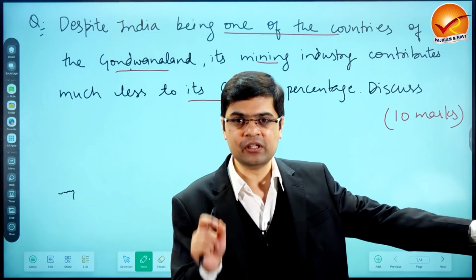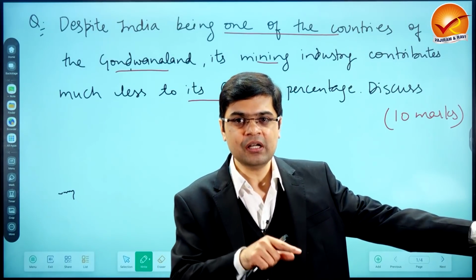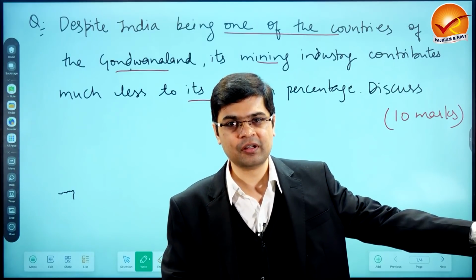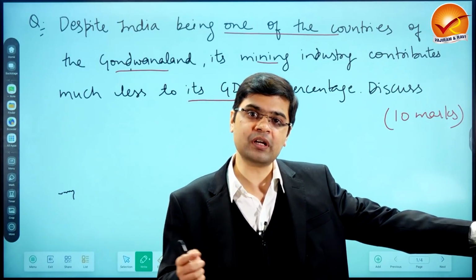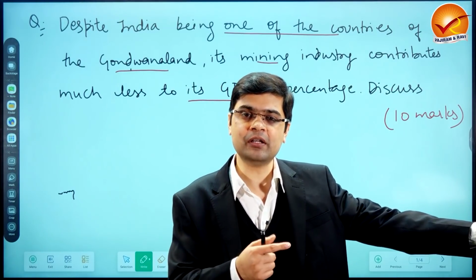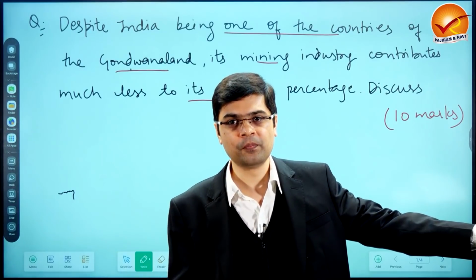It is basically telling you that there are a number of countries which are rich in mineral resources, like India, but those countries are able to develop their mining sector while we are not able to do so.